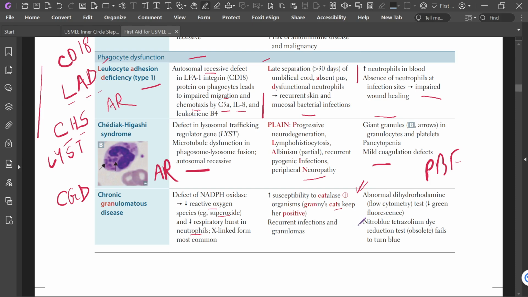And we can do another test, the NBT, nitroblue tetrazolium test. It is less sensitive than dihydrorhodamine flow cytometry.